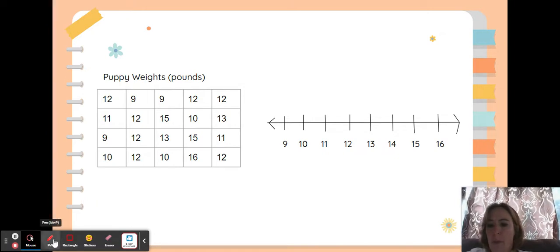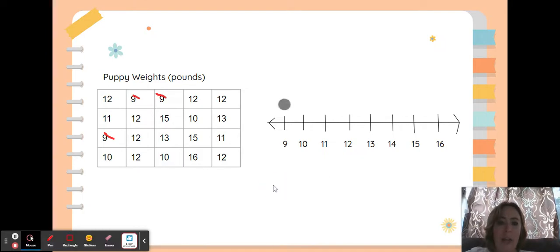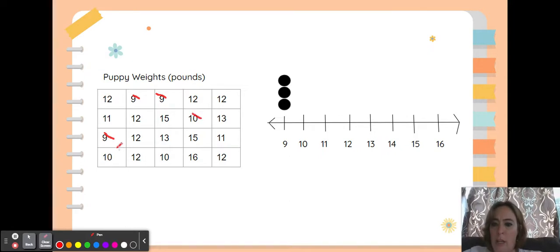Now, as I go through here, I'm going to see there's 1, 2, 3 nines. So I'm going to put 3 dots on there. All right. Then 10. Well, let's go through. 1, 2, 3 tens.